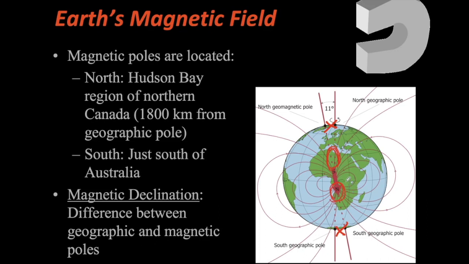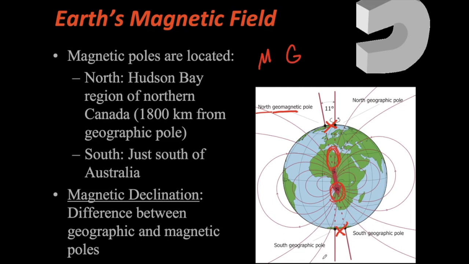But whenever we're talking about magnetic and geographic, what we mean is the geomagnetic pole. Although this is the north magnetic pole, you're going to see that it resembles the south side of a magnetic pole, and vice versa.